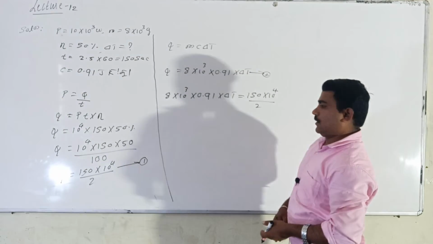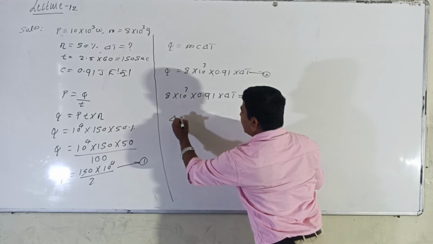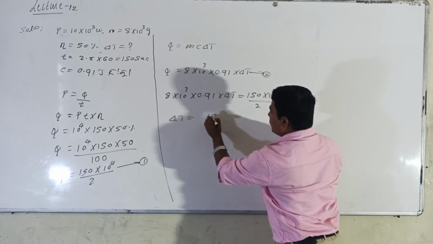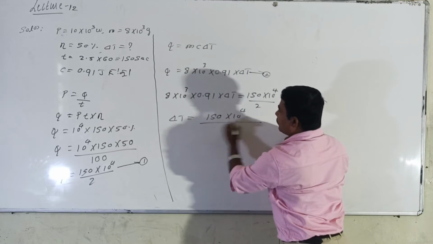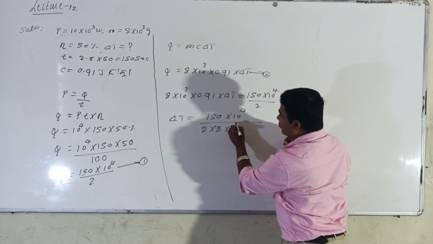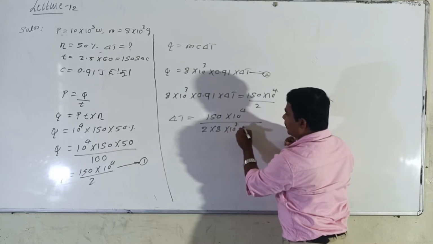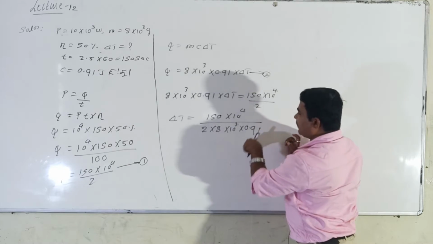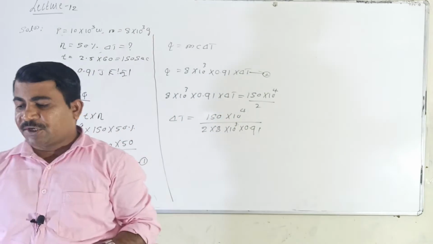Right? See here, from this, how to write delta T, the rise in temperature? Delta T is 150 into 10 raised to 4 whole divided by 2 into 8 into 10 raised to 3 into 0.91. Right?